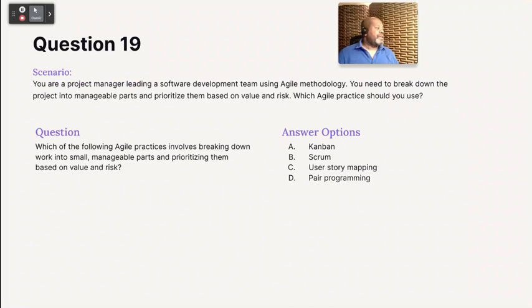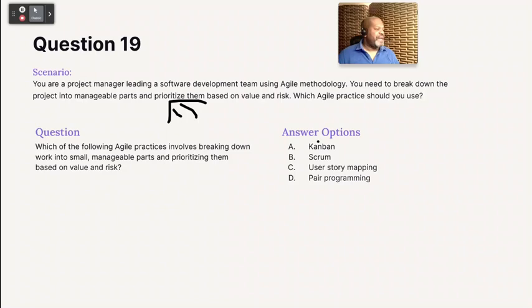Okay. Oh, we're almost at the end. Which of the following agile practices involves breaking down work into small, manageable parts and prioritizing them based on value and risk? It's very similar to the last one, but I still don't think there's any reason why we care what information we're going to glean from the scenario.